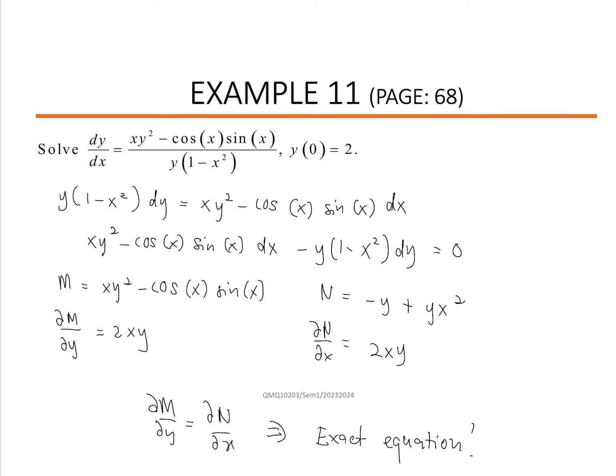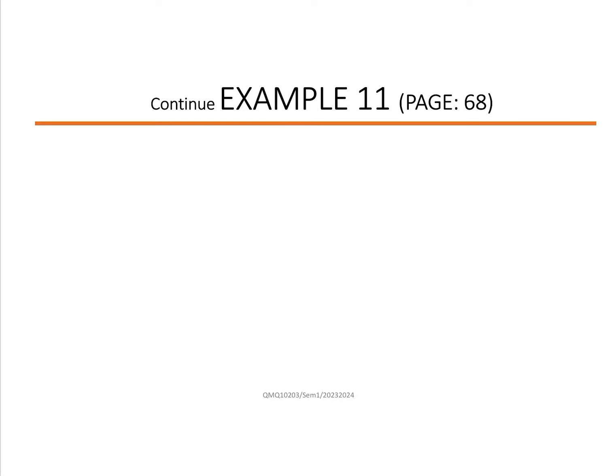Alright, because this is an exact equation, we can solve it by using the exact equation method. For the exact equation method, the solution we find is f(x,y) equal to c, where f(x,y) equals the integration of M dx plus some function a of y.